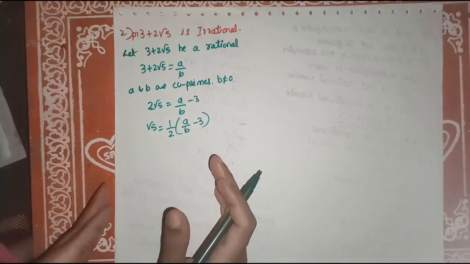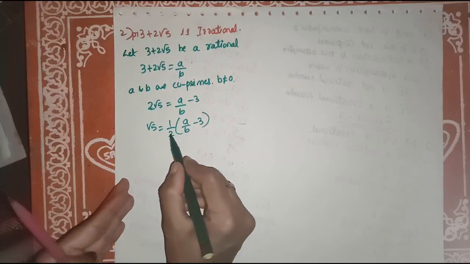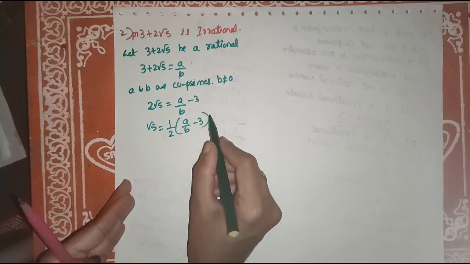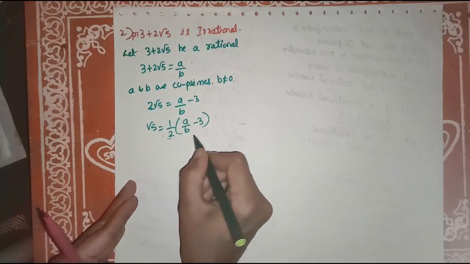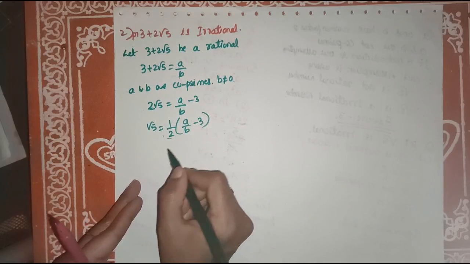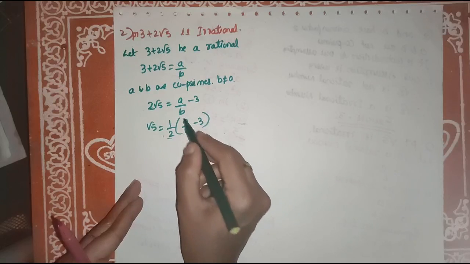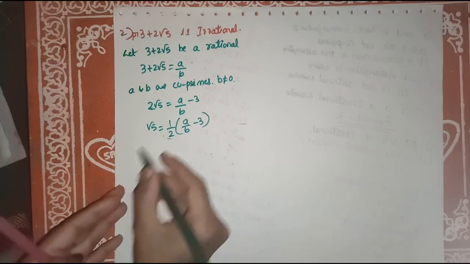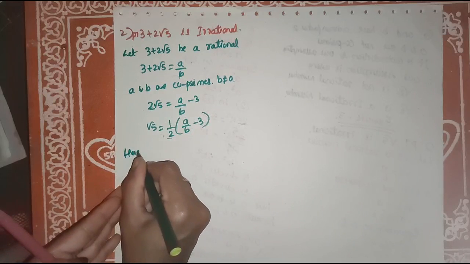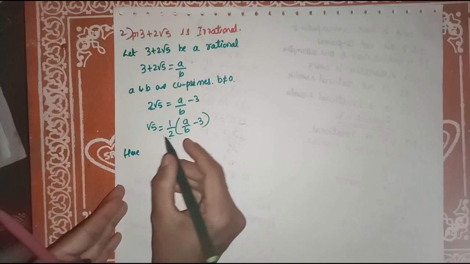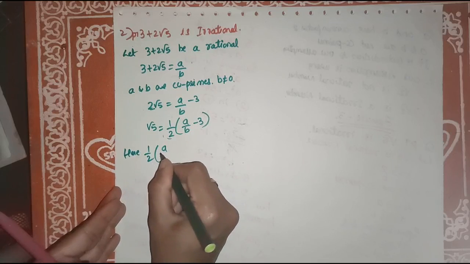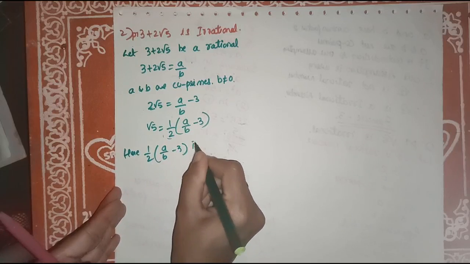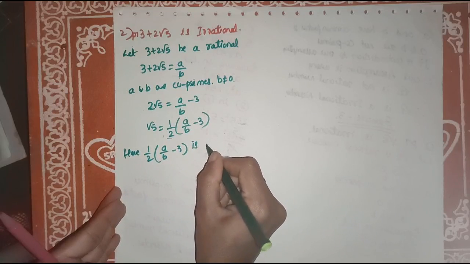On comparing, we know that this is in the p by q form, so this is rational. 1 by 2 times a divided by b minus 3 is rational.